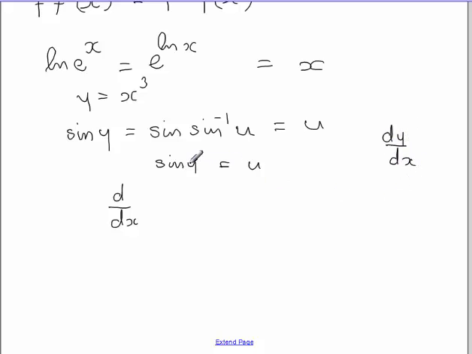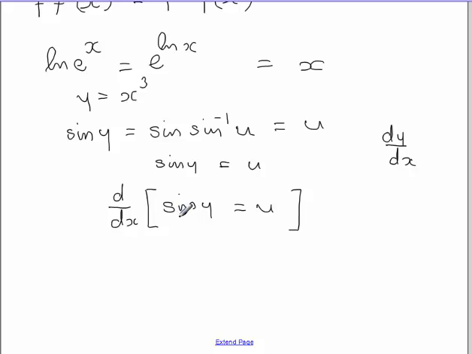But if I think of the chain rule here, derivative of sine multiplied by derivative of the argument, the derivative of the argument will actually be dy/dx altogether. That's why I'm doing that. So I will differentiate both sides of this equation, sine y equals u.